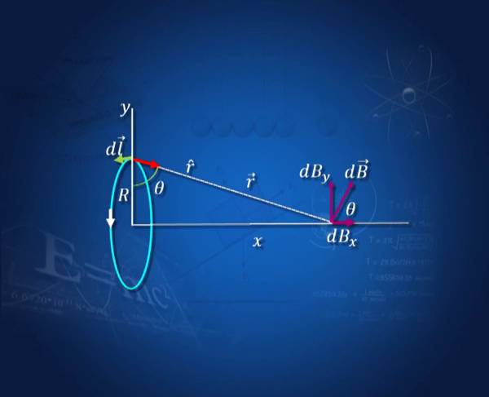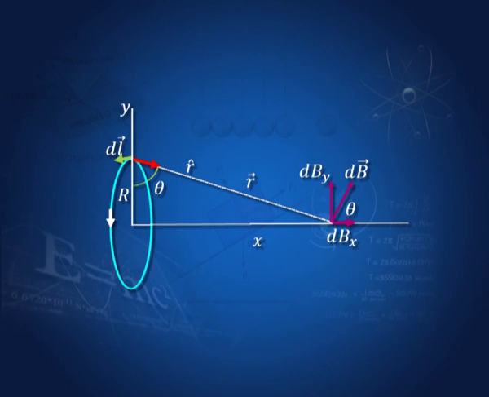You see, now the field at the point x from the center of the loop would be given by this in this direction. Again, use d l cross r and you get in this plane, and this has two components, d b x and d b y.